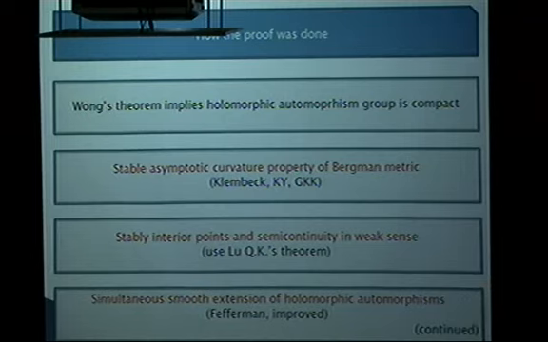So by doing that, we have a stable interior point. Okay. And what's Lu Qikang doing here? So let me explain that too. The issue is not the Bergman curvature, but the issue is to prove this thing, right? So that certain points don't go to infinity, don't go to the boundary. How do you do that?